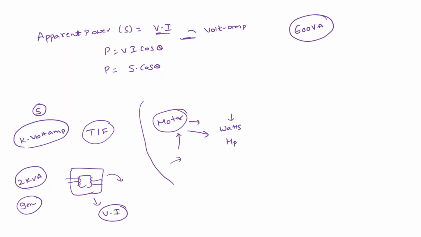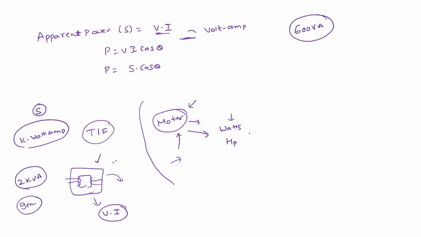If you are buying a UPS, you don't know whether you will connect a computer, some home appliance, or a mixer grinder. So the actual power consumption is not known to them. In the motor case, they know what kind of power consumption there is, so it is rated in watts.